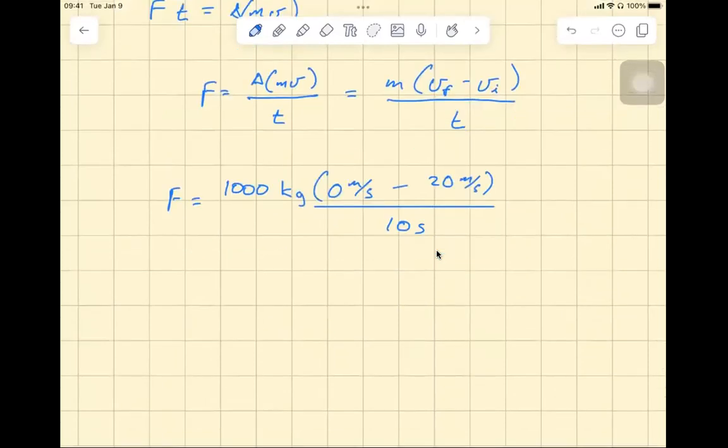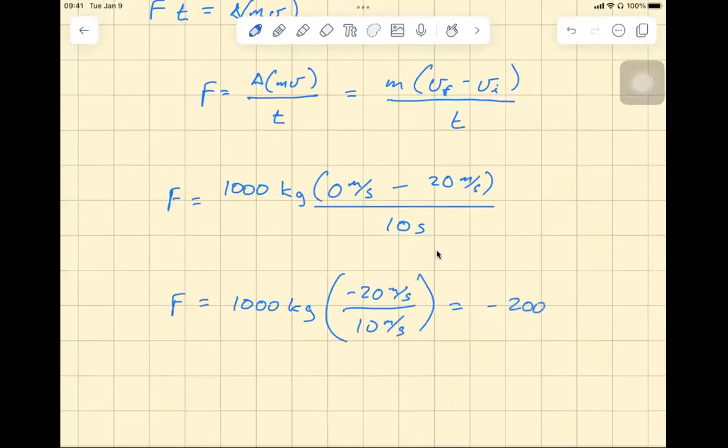So the force is equal to 1,000 kilograms times minus 20 meters per second divided by 10 seconds. And that's it. So that's equal to 2, and the force is actually, because it's a negative force to bring it to a halt, equal to minus 2,000.